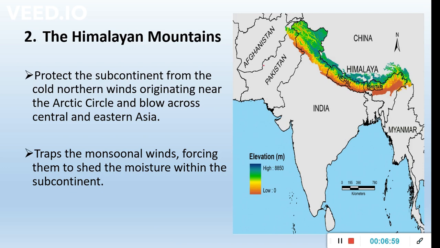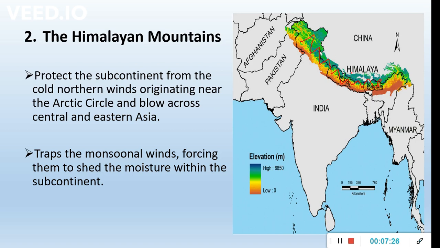Now let's move to the next factor. The next factor is the Himalayan Mountains. You can all see in this picture, on our map, where our Himalayan Mountains are. They are here. There are three main ranges of the Himalayas, right? Himadri, Himachal and Shivalik. These northern mountains, the Himalayan Mountains, act as natural barriers.